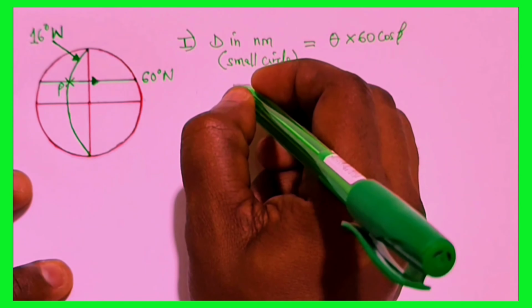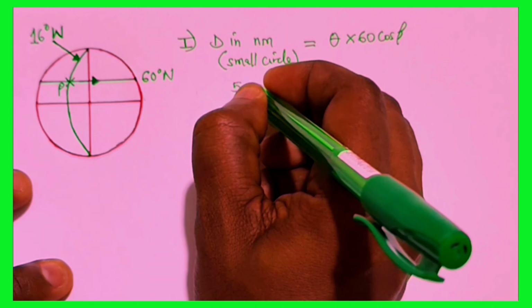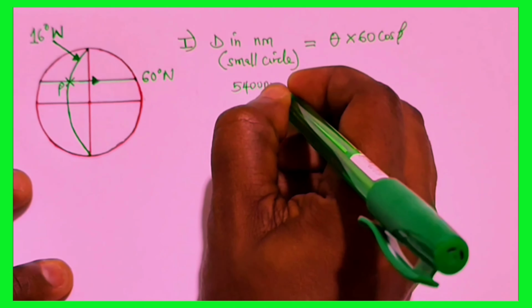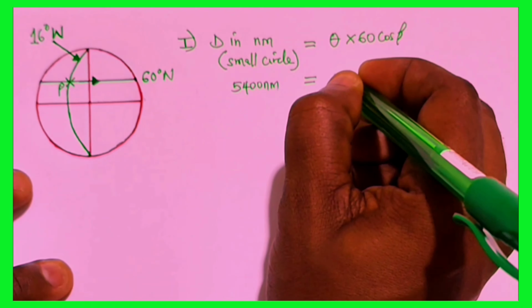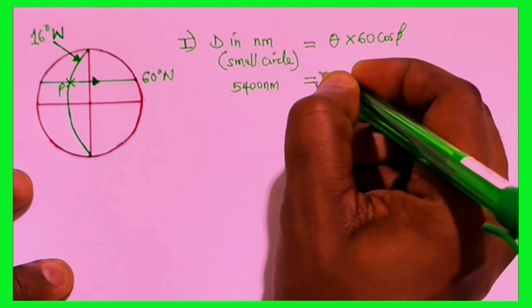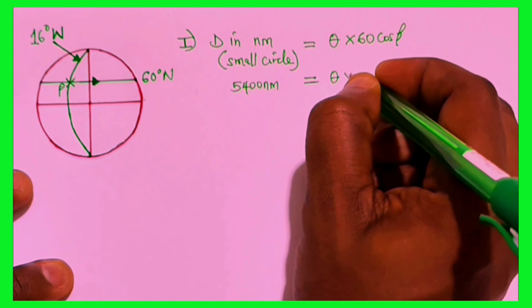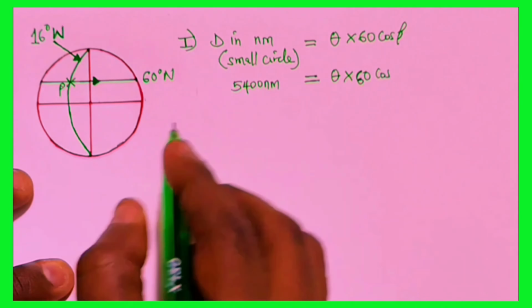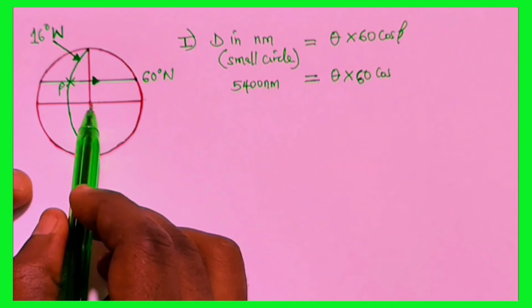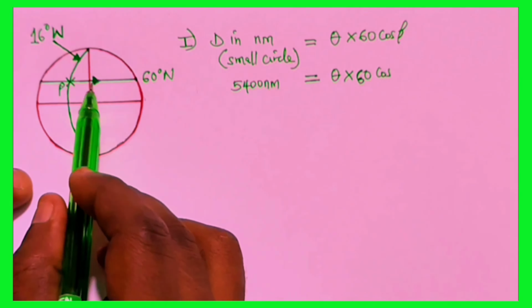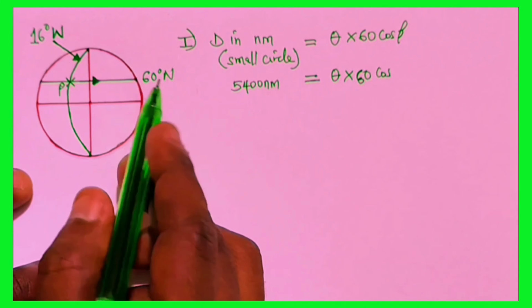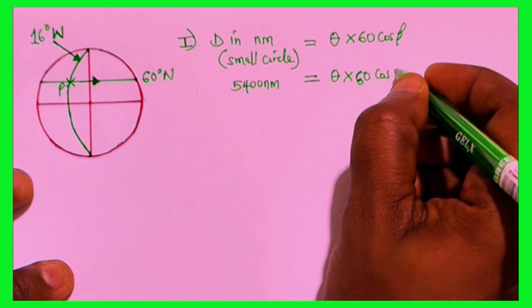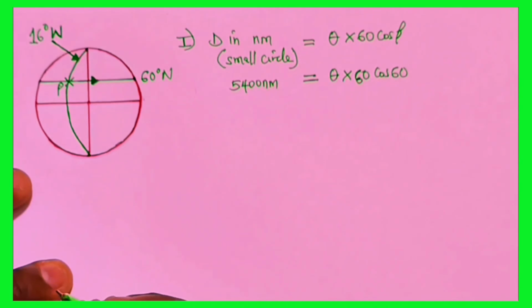And the distance we've been given as 5,400 nautical miles. Theta is what we are looking for, and then we multiply by 60 cos beta, where beta is the angle that the latitude is from the equator, which is 60 degrees. So you're going to have cos 60 degrees.